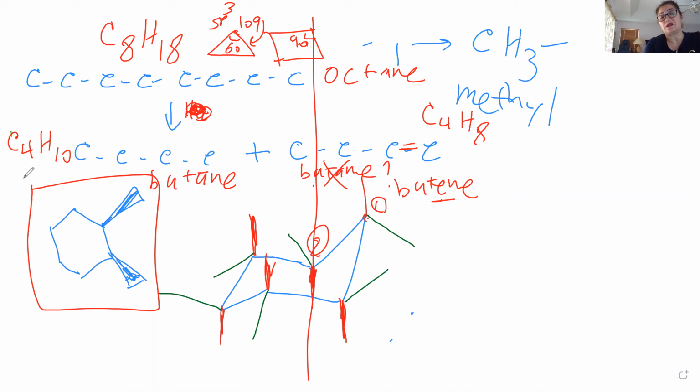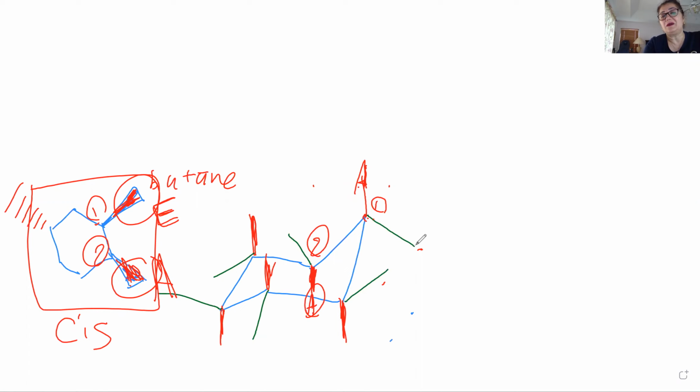You also need to know that if you have axial up for carbon 1, axial is going to be down for carbon 2. If equatorial is down for carbon 1, equatorial is going to be up for carbon 2. These two positions are the 1-2 position, so this is a cis 1-2 cyclohexane.